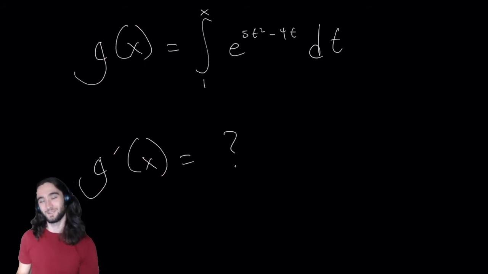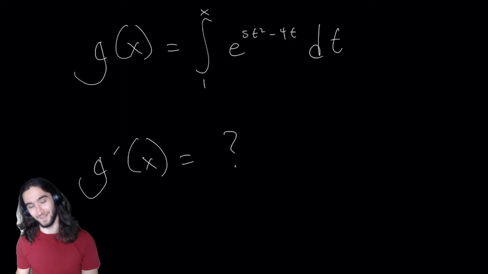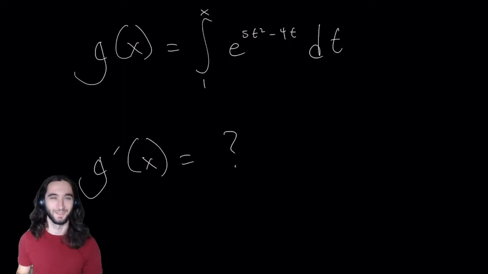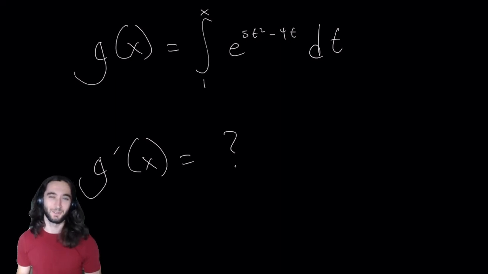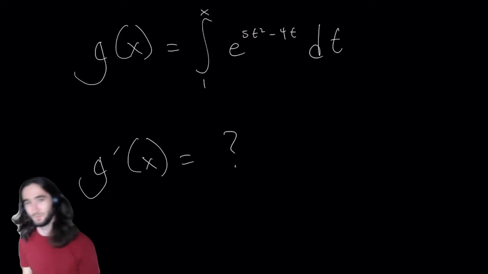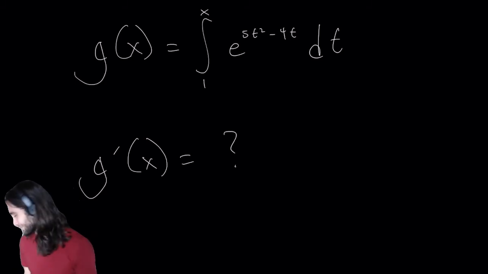If you do the integral and then you take the derivative, you get back to where you started. And if you do the derivative and then you do the integral, you get back to where you started. More or less. There's a slight asterisk on that, but more or less. You can state the fundamental theorem of calculus in another way if you prefer, but that's the meat of it, basically.